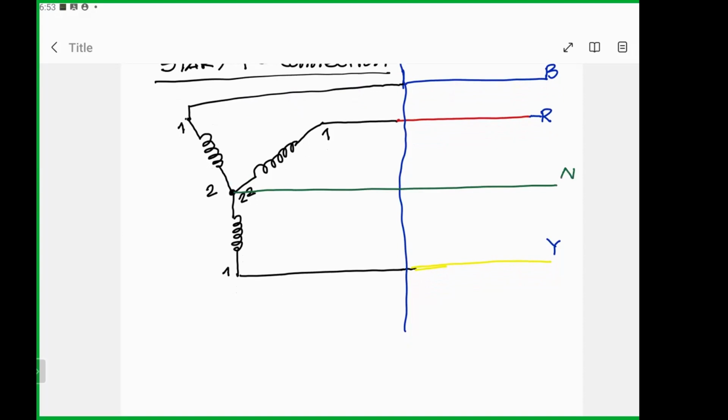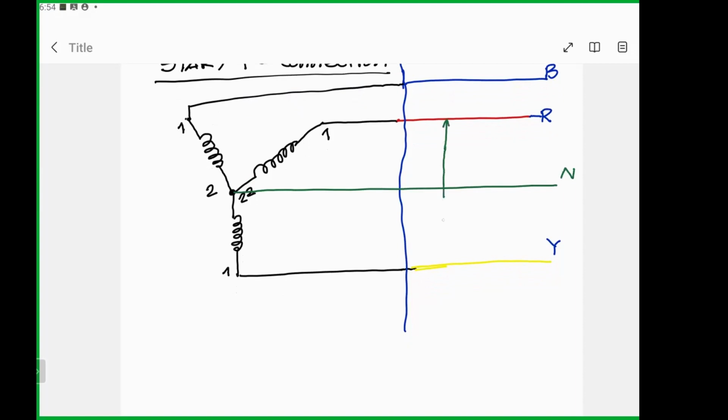Now, with respect to this connection, we can identify different quantities. We can take a look at the voltage between these lines.